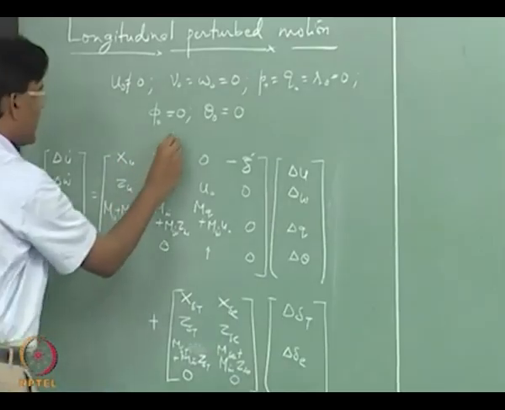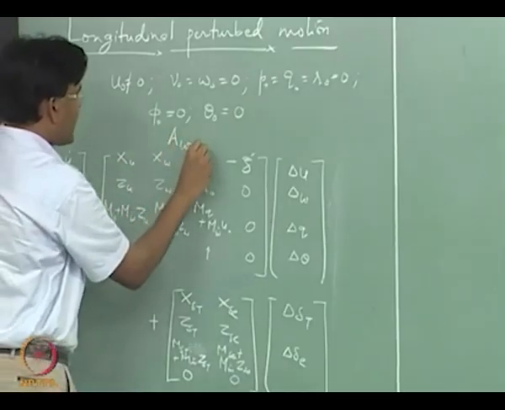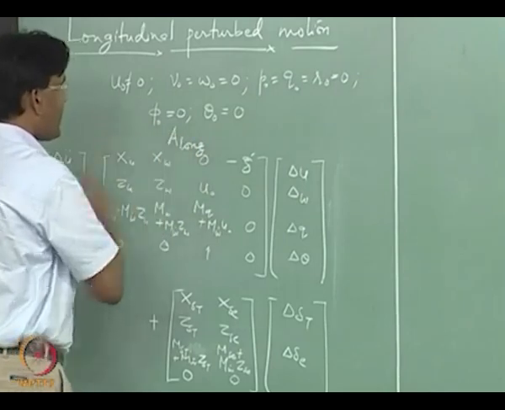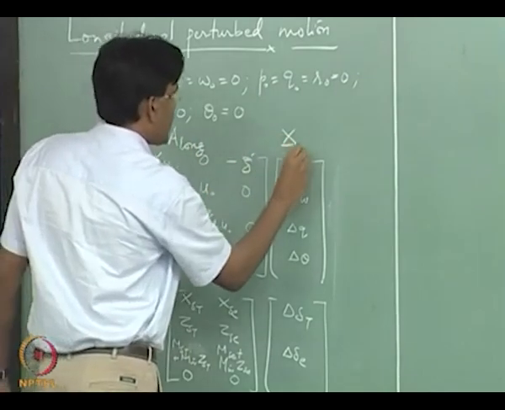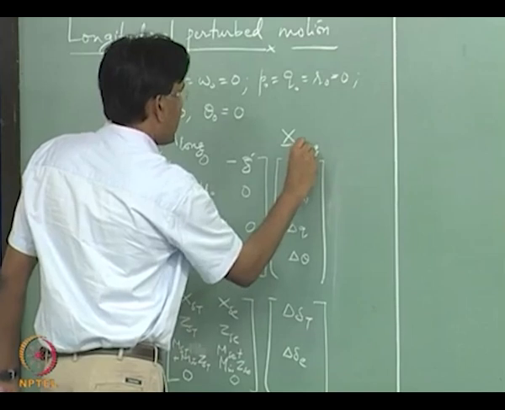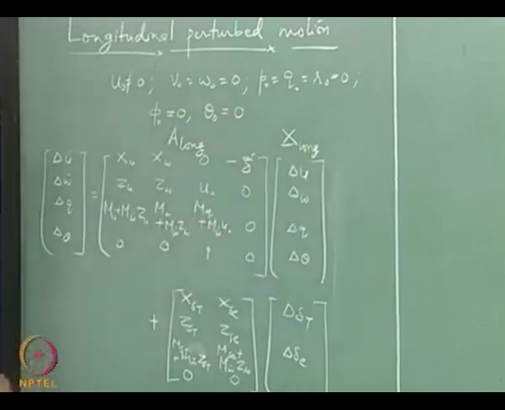And we call this matrix as A long, and this is the vector of the longitudinal perturbed variables.